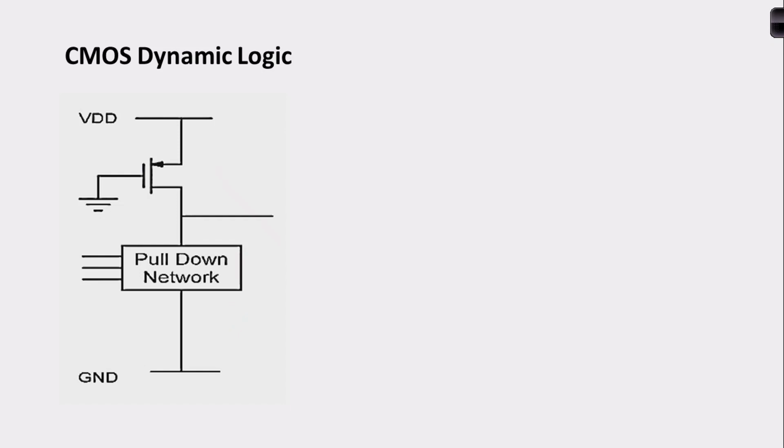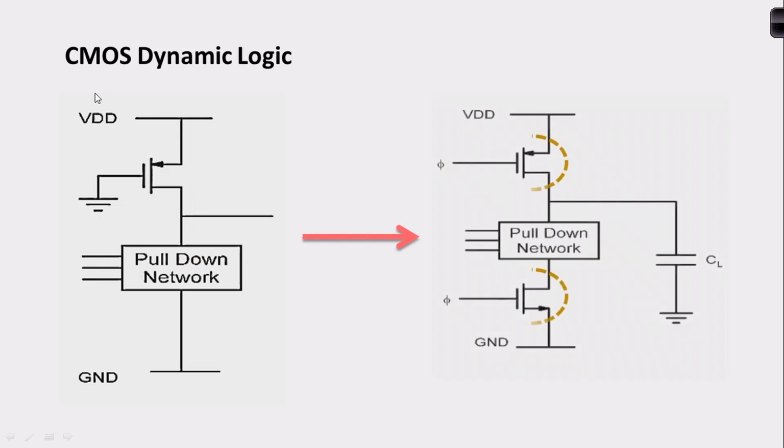In order to overcome this pull up to pull down ratio, we came across one more type of logic, that is dynamic logic.